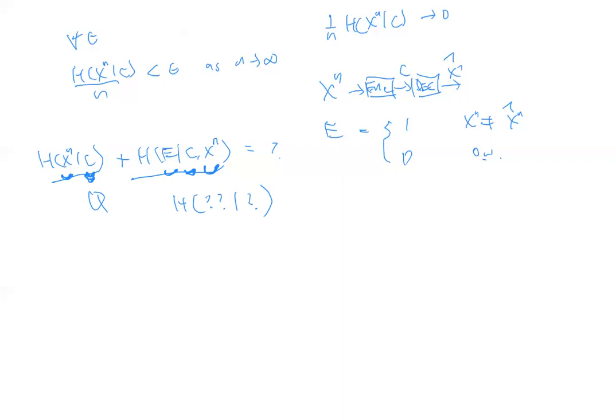Yes, the information of Xn and E knowing C, right? So this is H(Xn, E given C). So then I can rewrite H(Xn given C) as H(Xn, E given C) minus H(E given C, Xn).